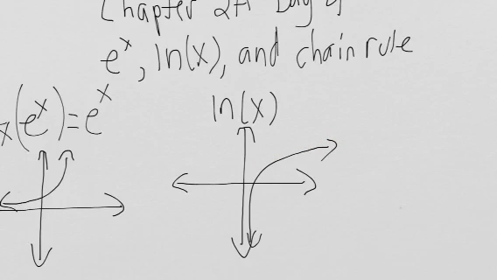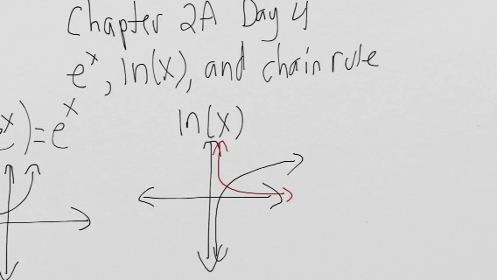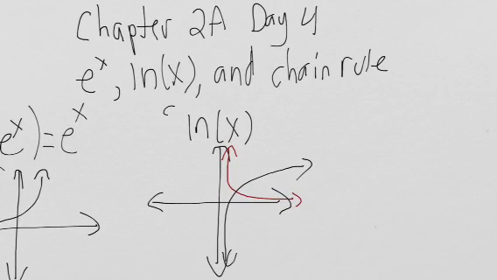So if we were to draw that, it would look something like this, which to me looks like part of the 1 over x function, right? The positive side of 1 over x. So d dx of natural log x, by a quick visual explanation, is 1 over x. You want to understand those visual explanations of e to the x and natural log x, but once you know them, we can just memorize those derivatives.